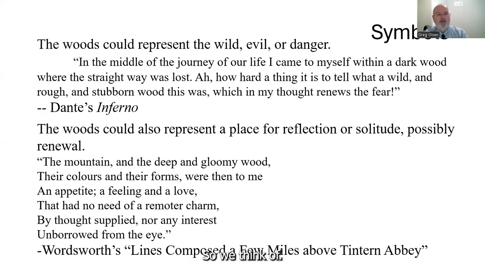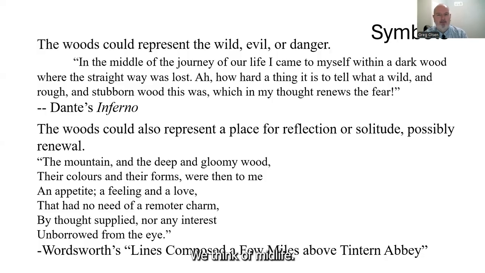So first, we're looking at the symbol, the dark wood. We're told that it's wild, rough, stubborn, and we want to look at the context to see what this wood could represent: in the middle of the journey of our life. So when is that?